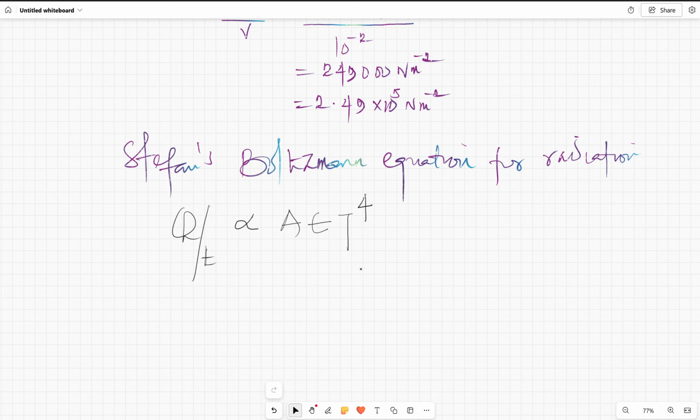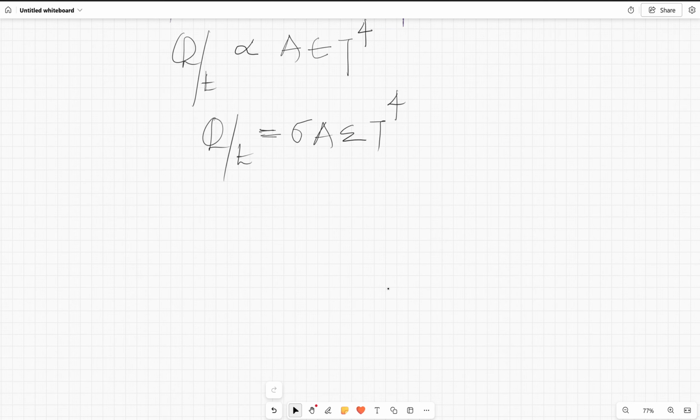Such that when you want to remove this proportionality sign, you're going to have Q over t equal to the Stefan-Boltzmann constant, sigma, times area, emissivity, and T raised to the power of 4.